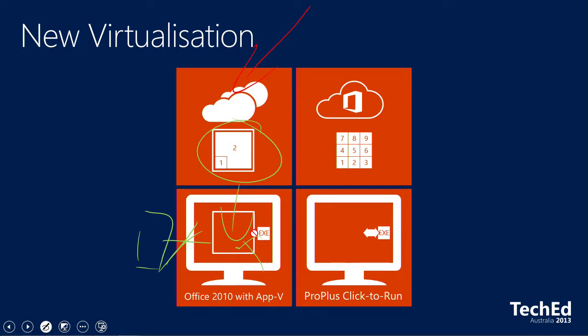So how does that differ? I'm really keen to get this point across to you as to how that differs from the AppV-based technology that Office 365 ProPlus is based on. The main difference is that we use something called just-in-time virtualization. And you'll see that there is no square here.